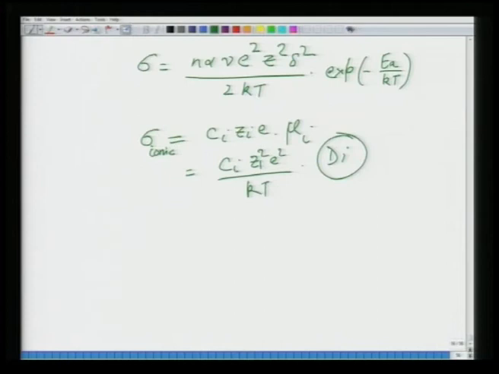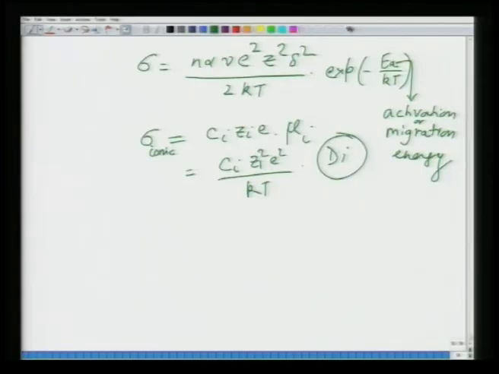Now, Di was D naught into exponential minus Ea by kT, because Ea is nothing but your activation energy needed for migration, which is nothing but your migration or diffusion energy. And this Di term includes the same. If you remember, D was the term which included your nu, which is your vibrational frequency, and some other constants multiplied by exponential minus Ea by kT. So now you see a correspondence between these two expressions.